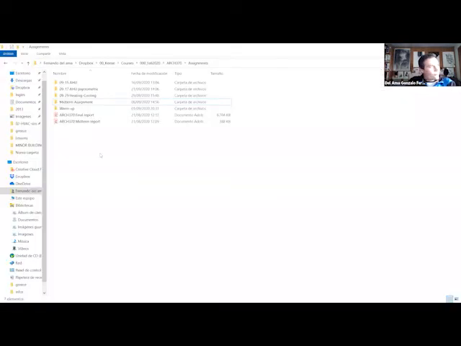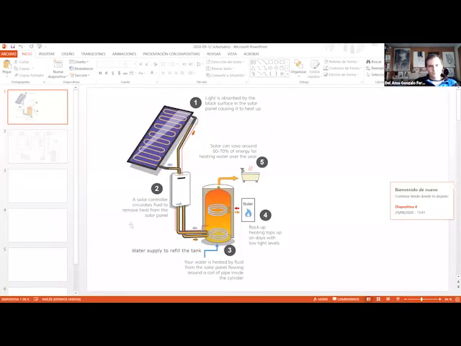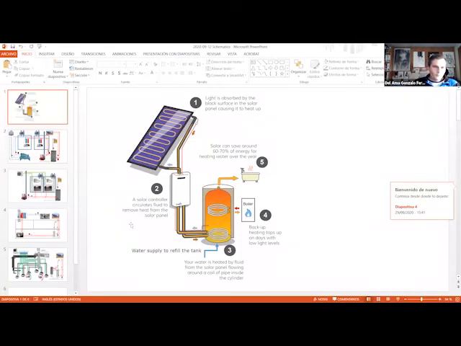We have to work with schematics now. There you go. So this is another part of the assignment. First, I will give you a statement about the building.